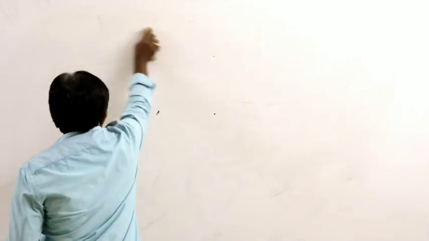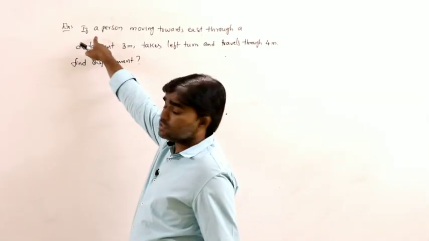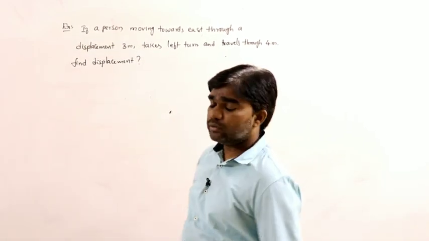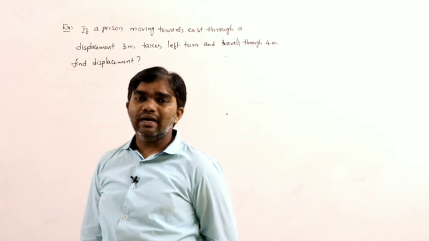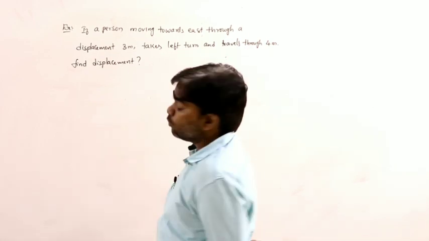So next, for example, here is one problem. A person travels towards east through a displacement of 3 meters, takes a left turn and travels through 4 meters.